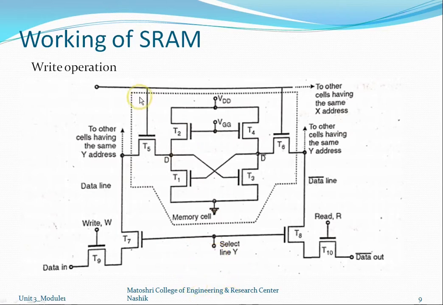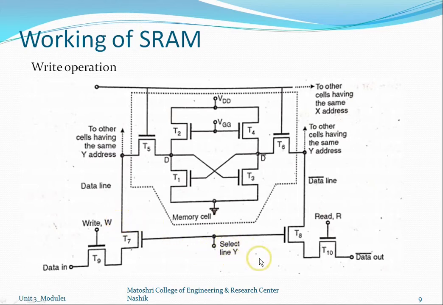When a high signal is applied on X as well as Y, the cell is selected. When X is high, the MOSFETs T5 and T6 are activated and the memory cell is connected to the data complement line as well as the data line.